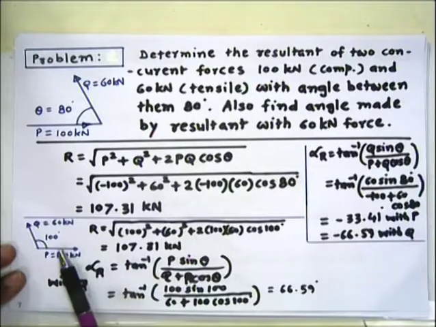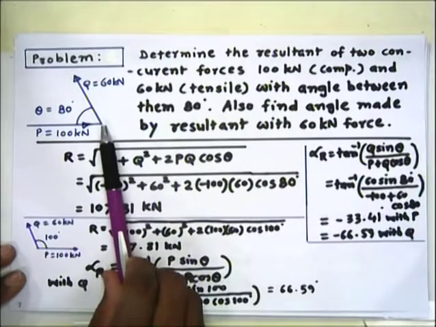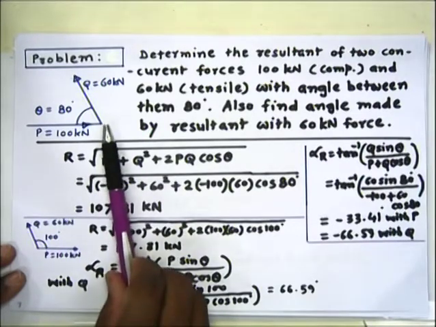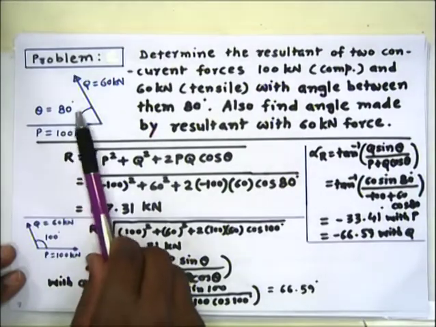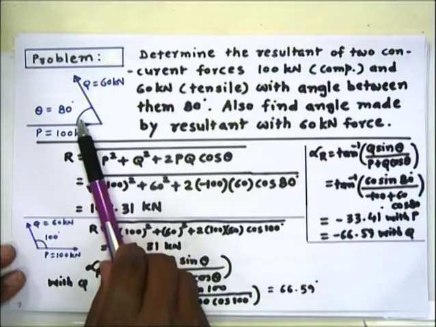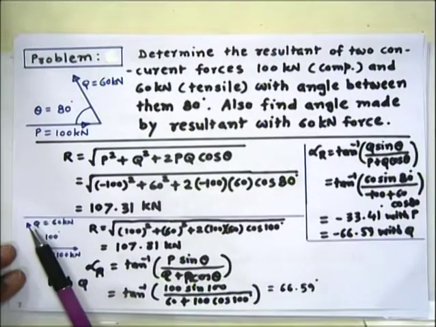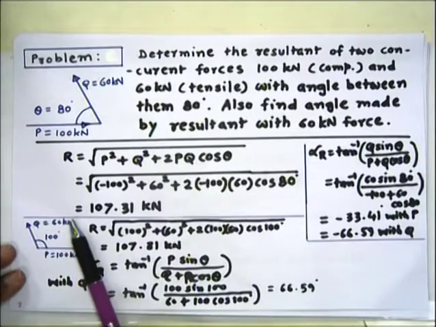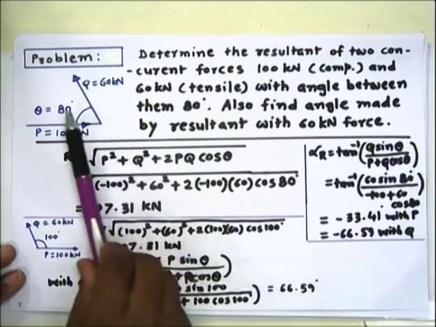So in doing so, we are not changing the effect of these forces on this particle or on this point. But now angle between this force and this Q will be changed, because here it was 80 measured between these two. Now here this angle will be this. So there will be change in value of theta here, and by geometry you can see this angle is 180 minus this angle.